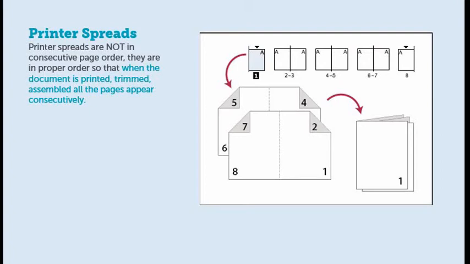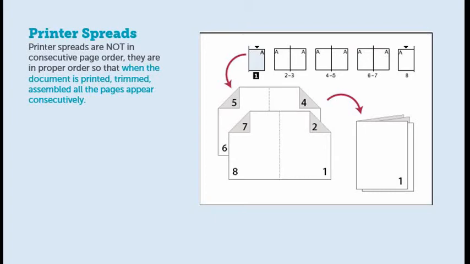So pages 1 and 8 are put next to each other in a printer spread so that when it goes through the printer and is trimmed out and then folded in half, page 1 becomes the cover and page 8 is the back cover. And now it's in the correct order to read the book. So those are printer spreads.